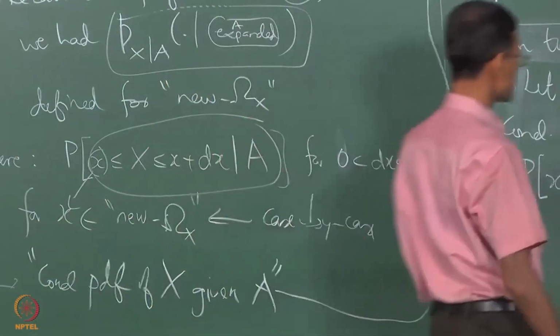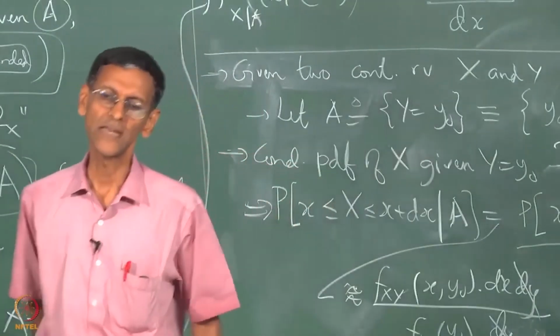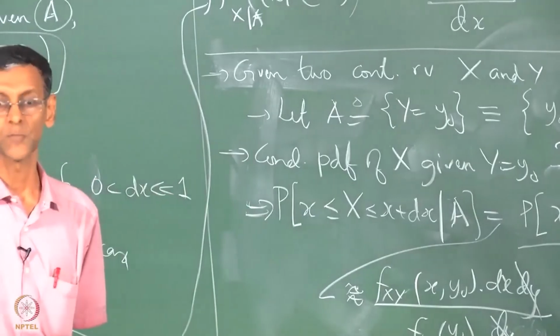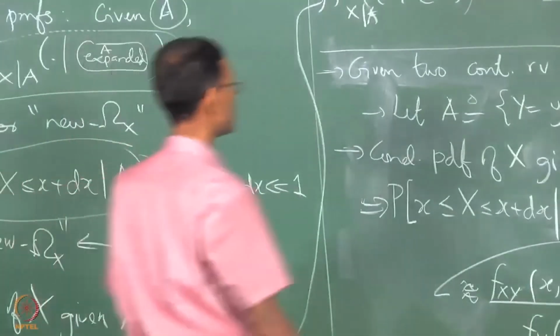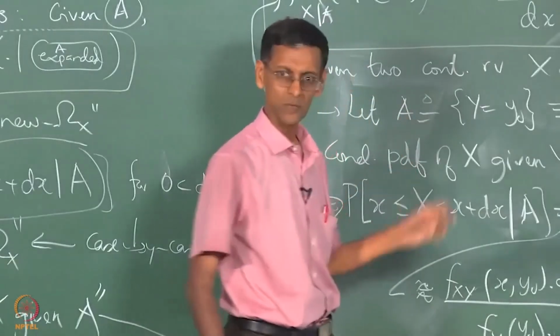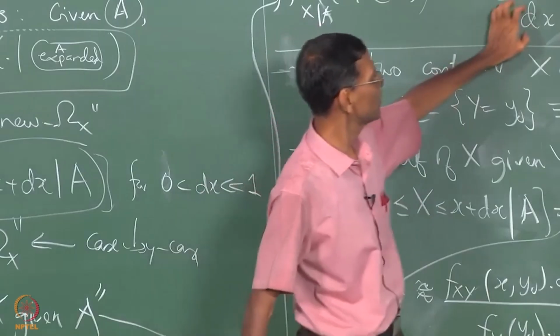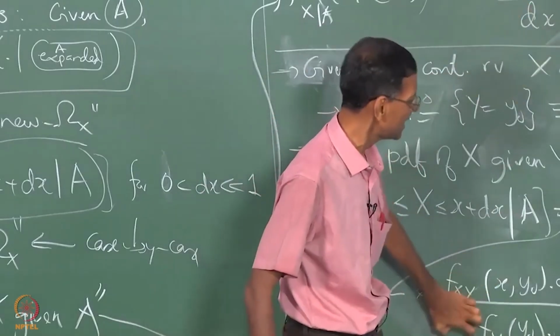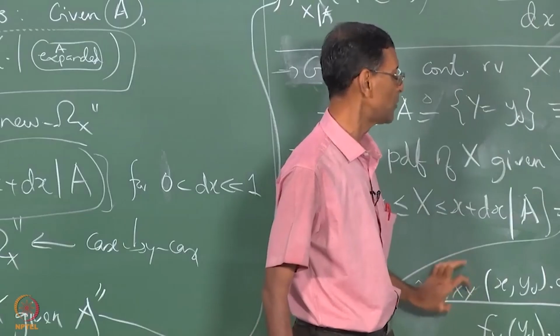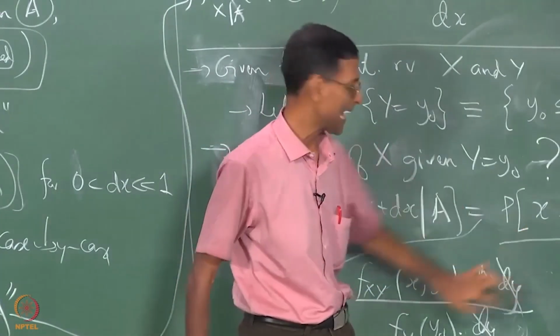So this is like a first order approximation in some sense, which is valid when both dx and dy become very small, right. We are ignoring, in other words, higher order Taylor series terms if you want to look at it in that sense. So now what I am going to do is get the density. So this is still a differential probability. This ratio is this, and it has a dx.